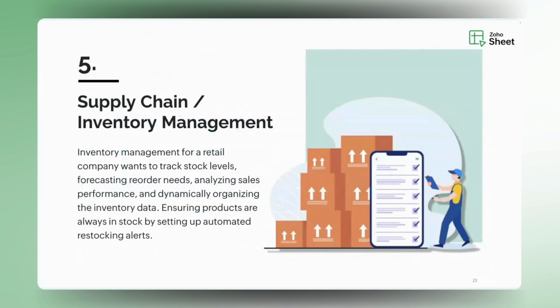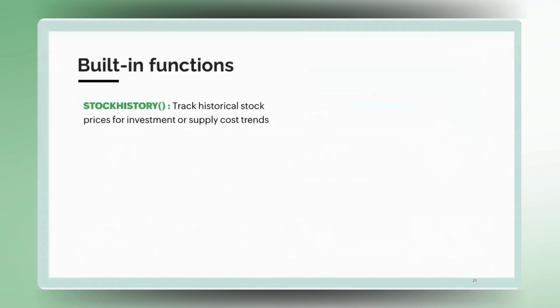Yes, I do, Balaji. For retail and supply chain professionals, these functions are absolute game changers. To start with, we have the stock history. This tracks the historical stock price or the supply cost trends, helping with long-term planning and cost analysis. Next we have the reorder level function.